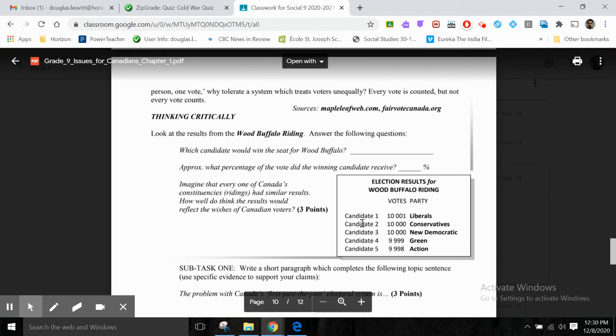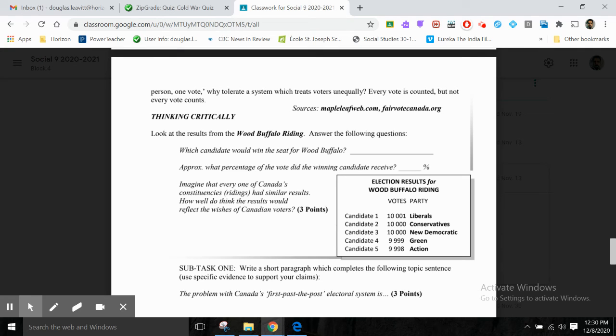And then the scenario plays out: if every riding in Canada, all 338, worked out like this, conceivably, and of course this would never happen, but in theory, one party could win all 338 ridings with basically 20% of the popular vote, 100% of the representation, with 20% of the vote.